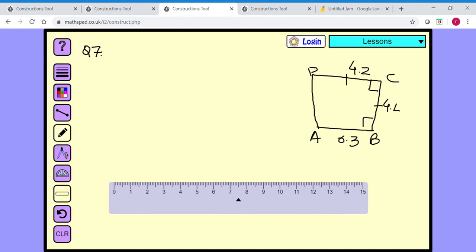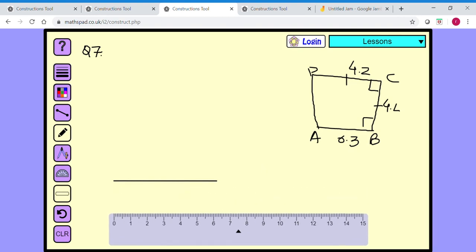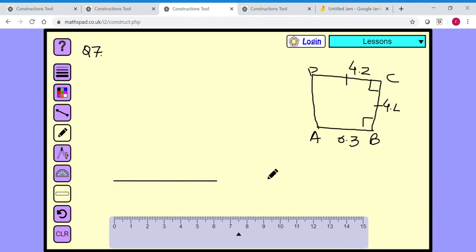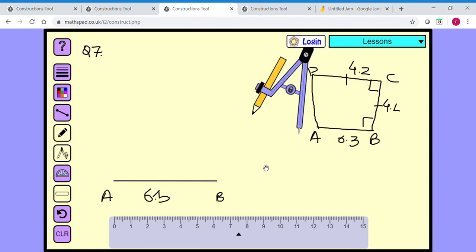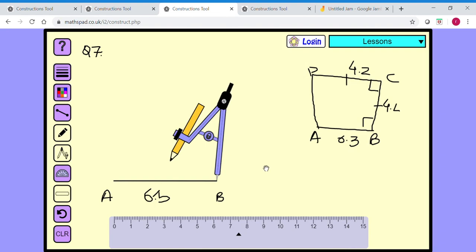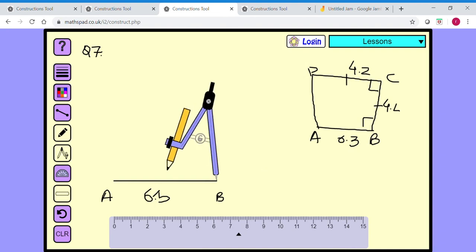I start from 0 and go up to 6.3. Perfect. This is AB, this is 6.3. At B I need a 90 degree angle. To make a 90 degree angle, I will have to bisect 60 and 120.